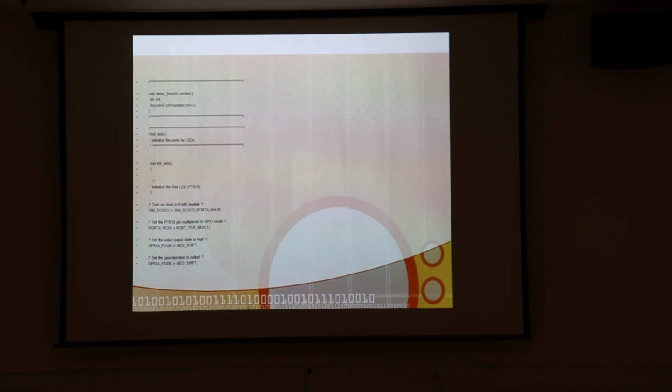Now, what's confusing is there's a register for port A for every pin that's 32 bits wide, but most of it's not used. But there's a field for interrupts, a DMA function, there's a field for its multiplexer setting, there's a field for whether it's going to have a high slew rate, a slow slew rate, pull-ups, pull-downs, whether the interrupts are turned on and off, and a couple other things.